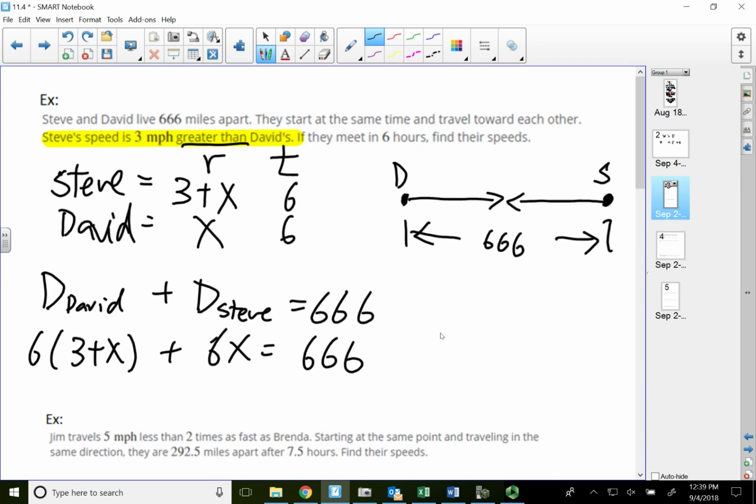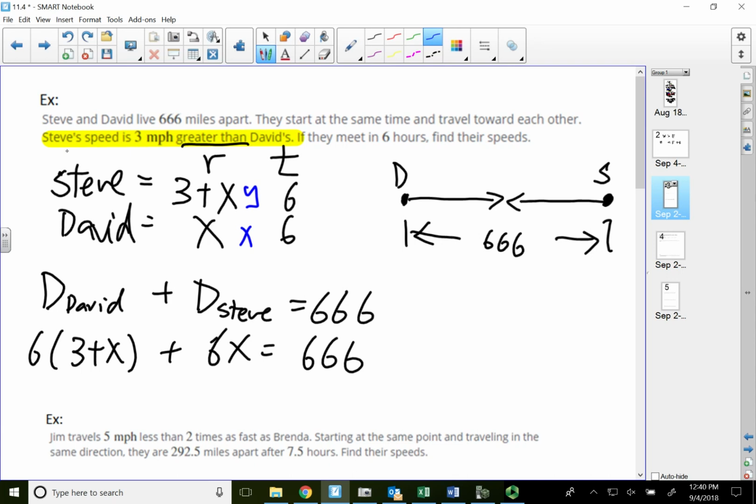So if I want to use two different variables, then one equation got to be regarding the distance the two traveled. The other equation got to be about the translation. So let's just say, still call David x. Let's call Steve's speed y.